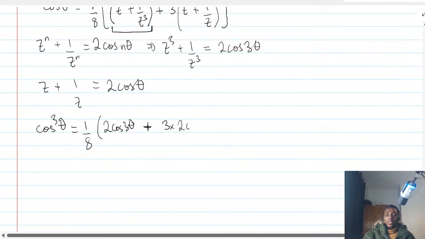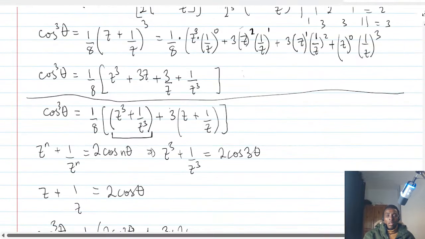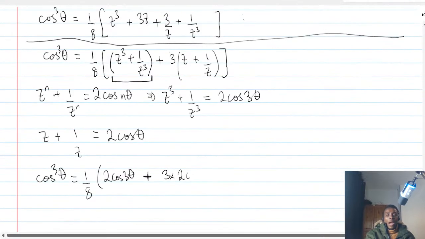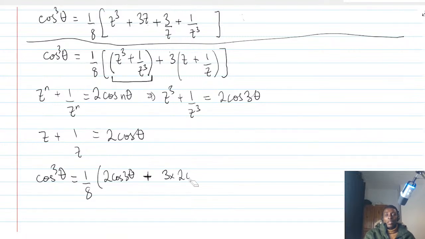So meaning that, if I have this, that is why we had 2 cos 3 theta, because it was Z cube. Alright. And then we are going to multiply 3 by 2 cos theta. That's all.